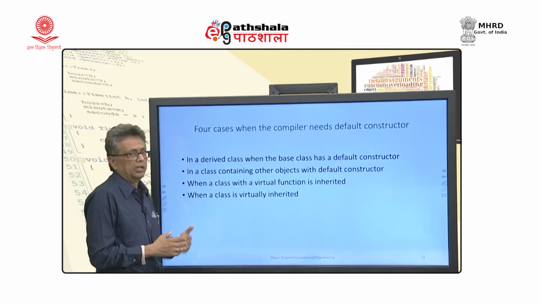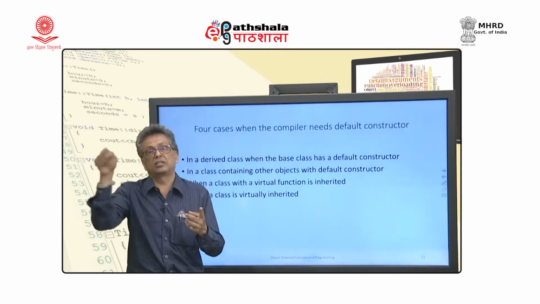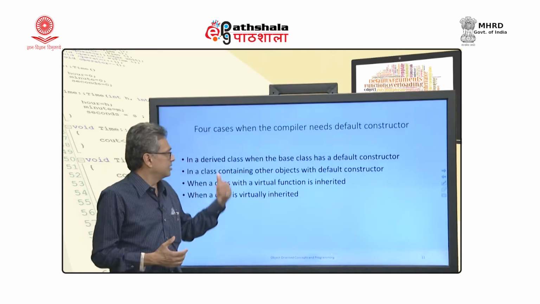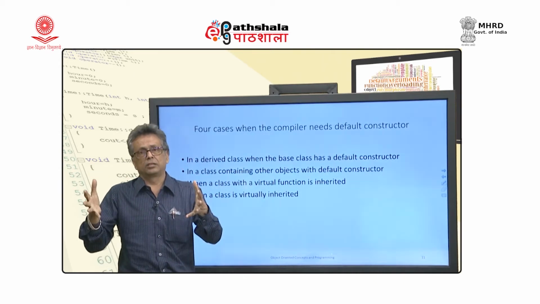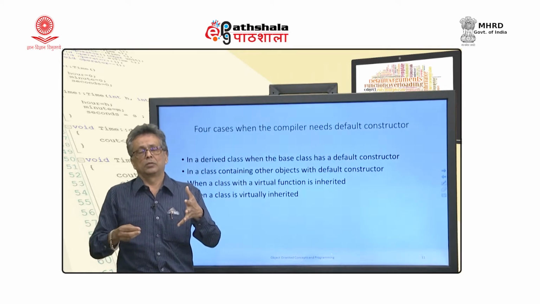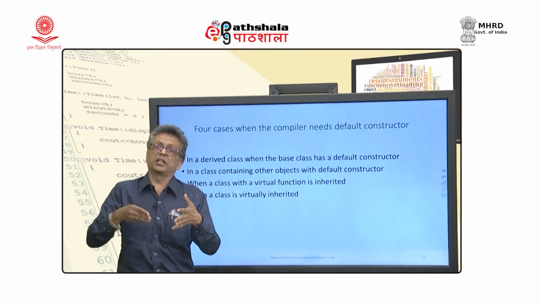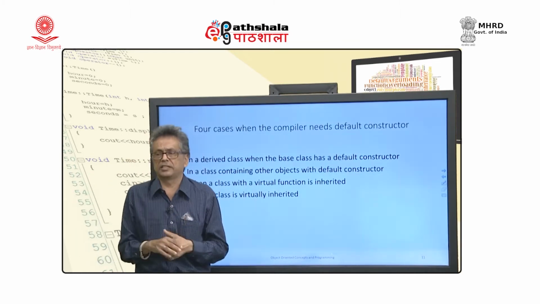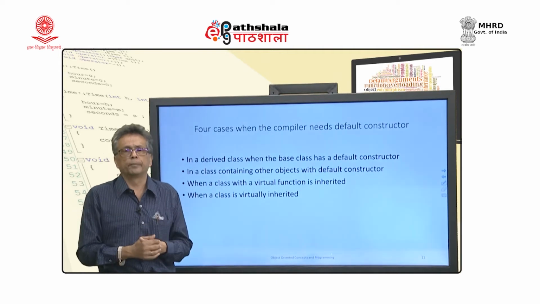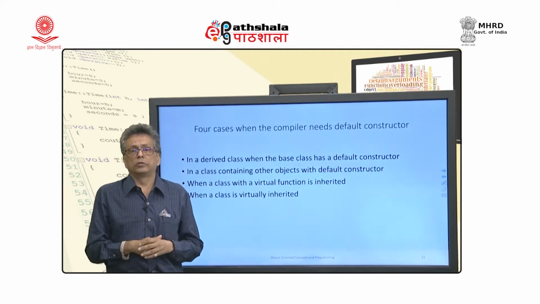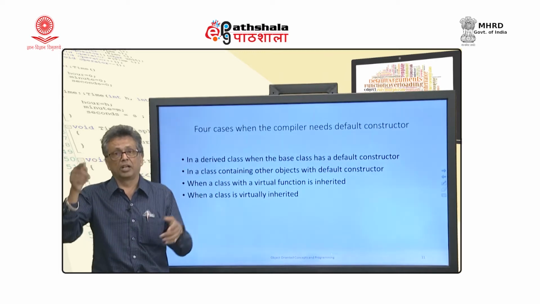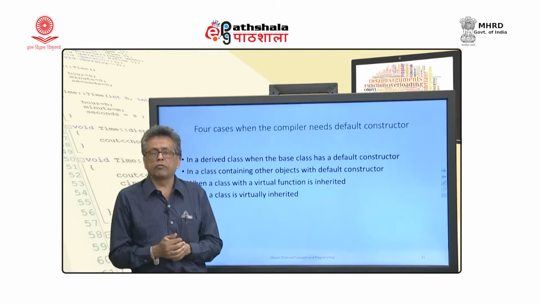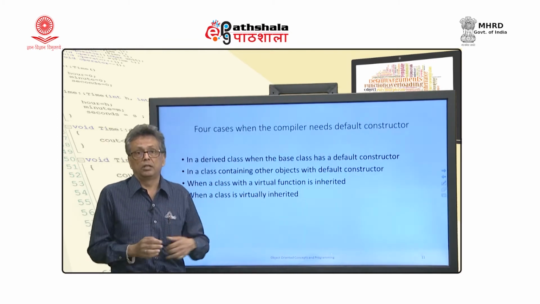The first case is when you have a base class with a constructor and a derived class does not offer one. Second case, there is a class which contains other objects. Those objects have their default constructors, but the container object, and this is not an STL container but a class containing others, does not have a default constructor, then the compiler will define one for it. Third, when a class with a virtual function is inherited, remember this is important.